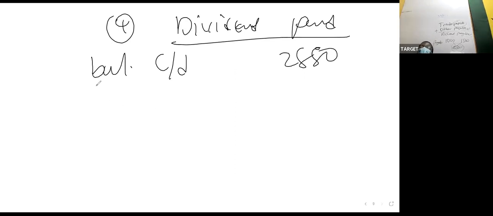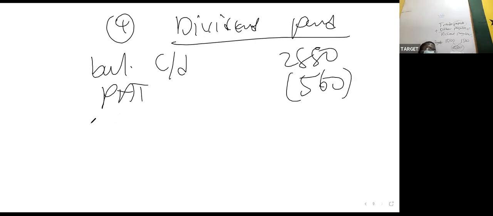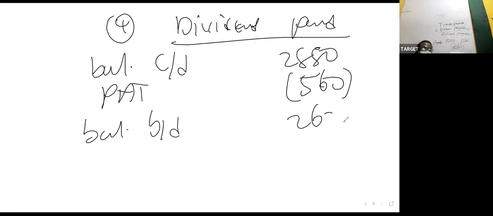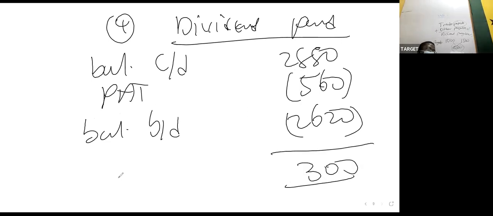So profit after tax, they have added, right? 560, reverse it. What's the open balance? Balance brought down, they've added, right? Reverse it, 2620. What answer do you get? 300. That's the dividend. Agreed.